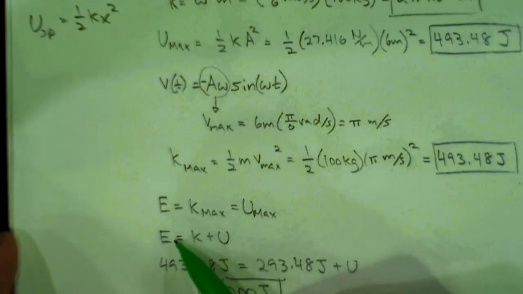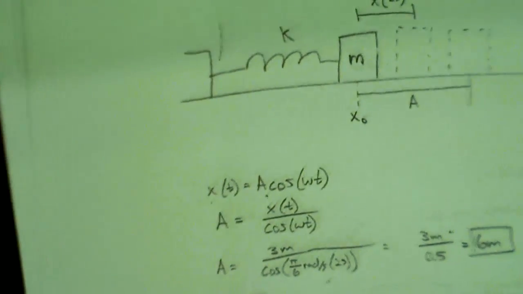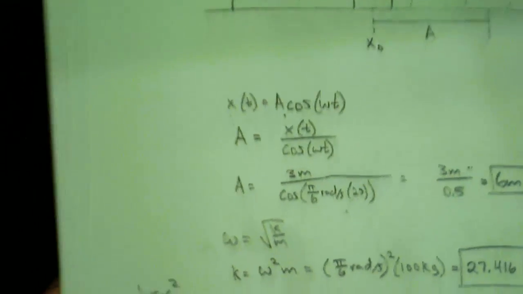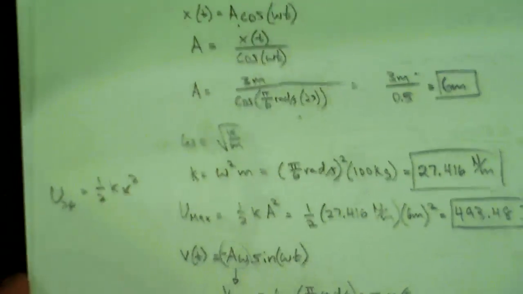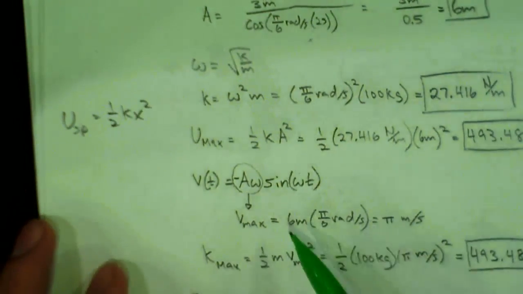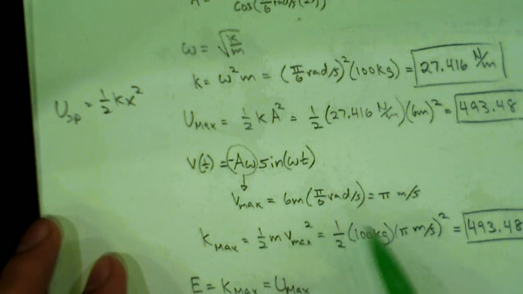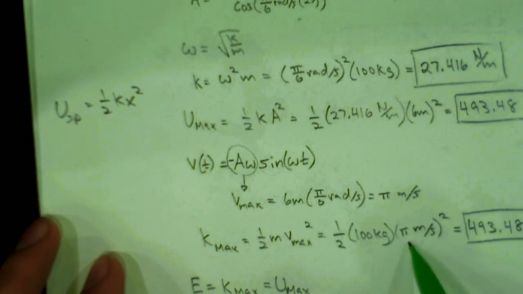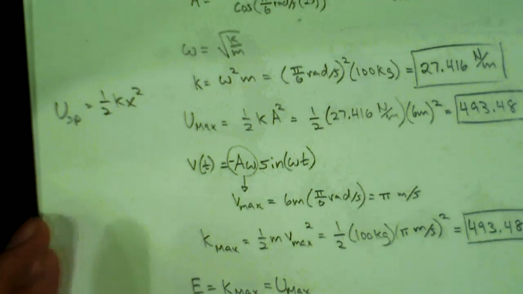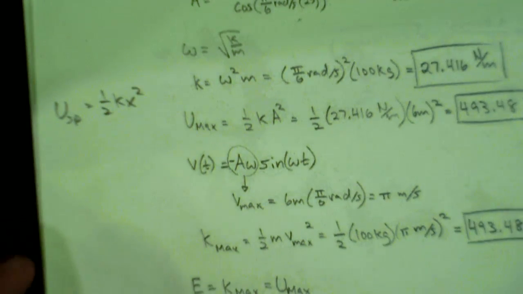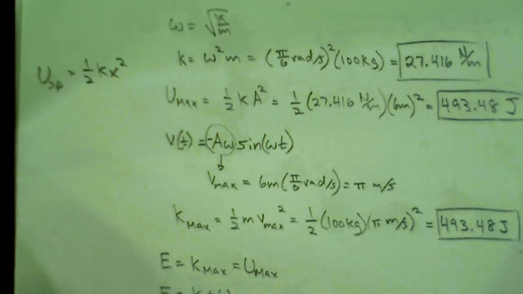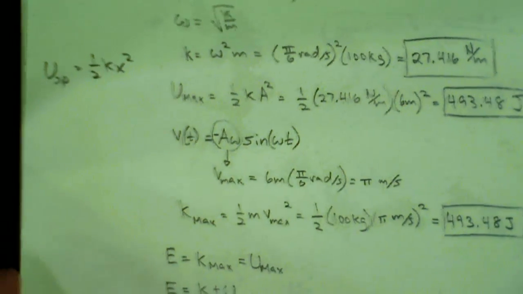Concerned about the sign of the velocity, but also note that even if I did use the negative, when I do K max, I get 1/2 m v max squared. And so even if I put a negative velocity here, it would square and become positive, because kinetic energy is always positive. So don't worry too much about that.